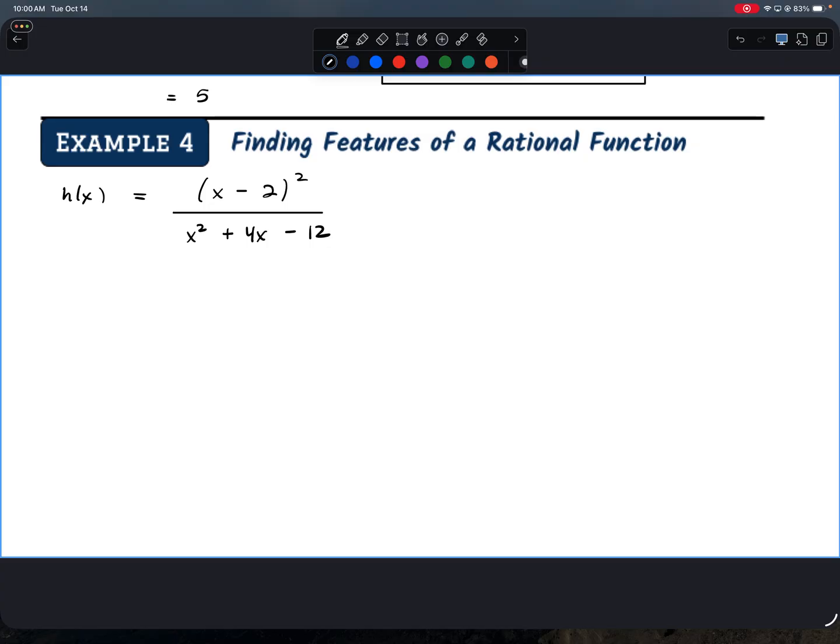Before I do anything, guys, what should I do first? Factor. Okay, so the top is already factored. This is x minus 2 times x minus 2. The bottom, though, what could I factor the bottom to? Good. x plus 6, x minus 2.